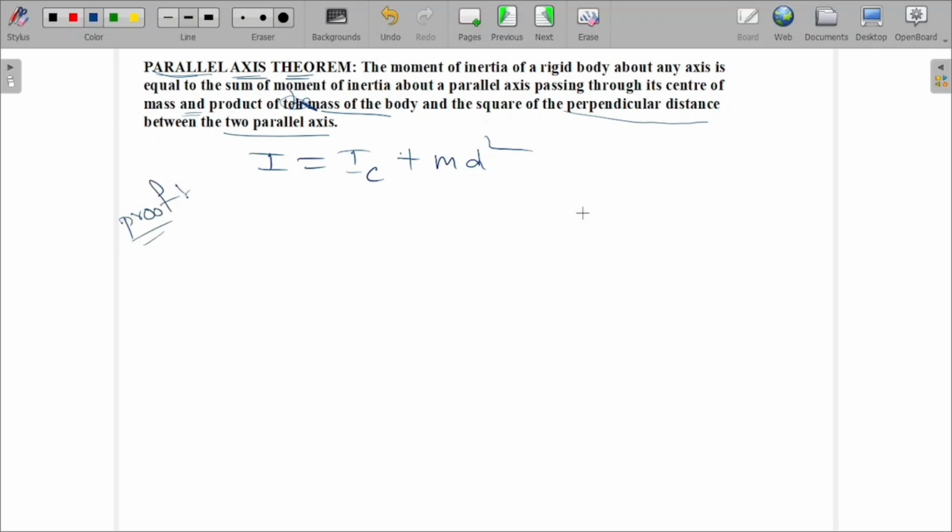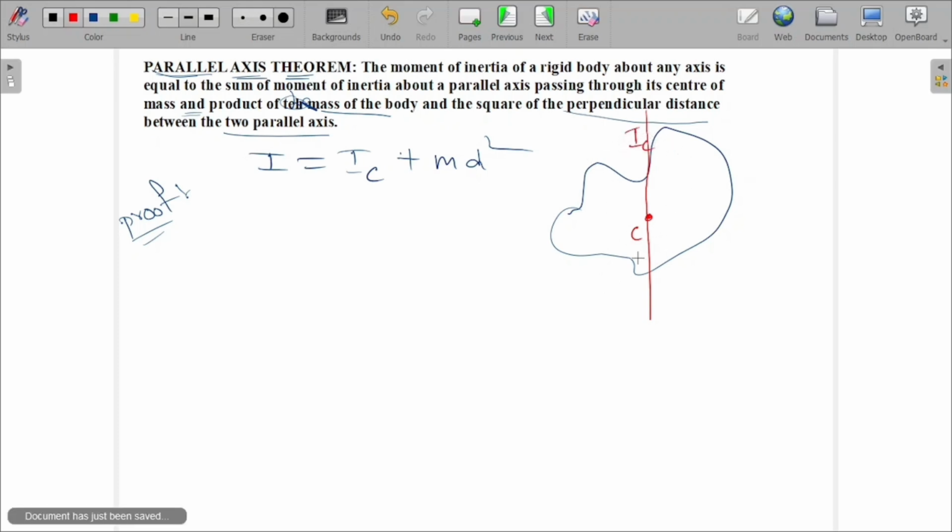Let's consider any shape, one rigid body. This is the shape. In this shape, let's consider the axis of rotation and the center of mass, which is at this point, let's call it C. The moment of inertia about the axis passing through the center of mass is I_C.